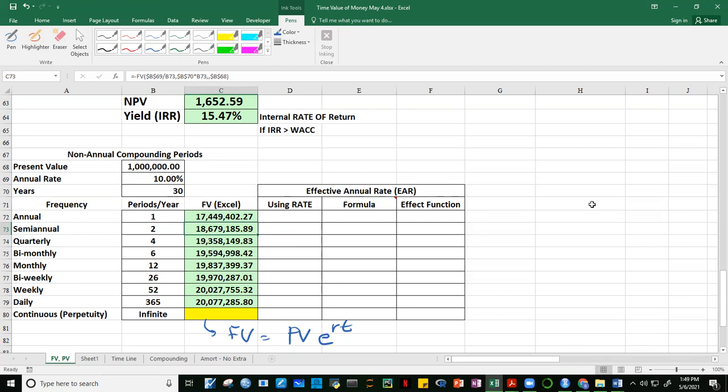So, pag mas mataas yung future value, syempre, mas mataas din yung present value yan. Okay. So, pag daily compounding, guys, 20 million. That's what you get. For 1 million, after 30 years. Okay, 1 million after 30 years, yung pera mo will be 20 million 77.